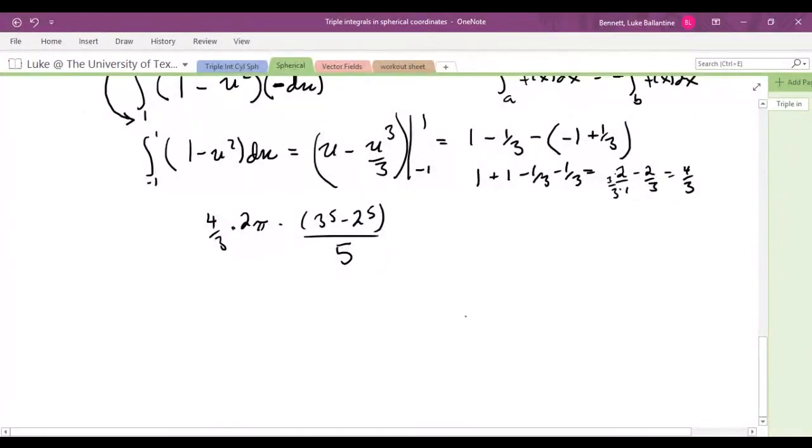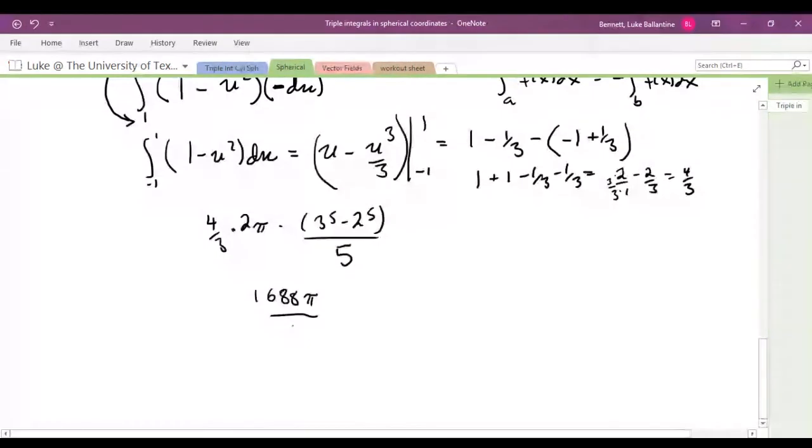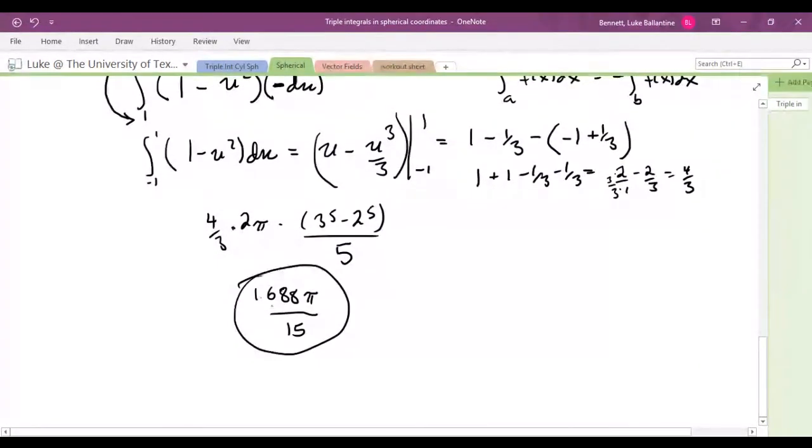I'm going to use a calculator for this one. 3 to the 5th minus 2 to the 5th is 211, and times 8, because that's 2 times 4. So we get 1688 pi over 15.